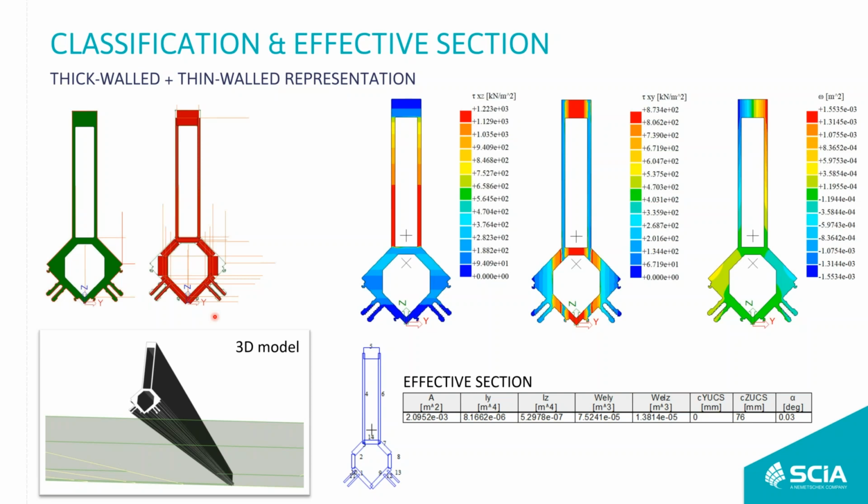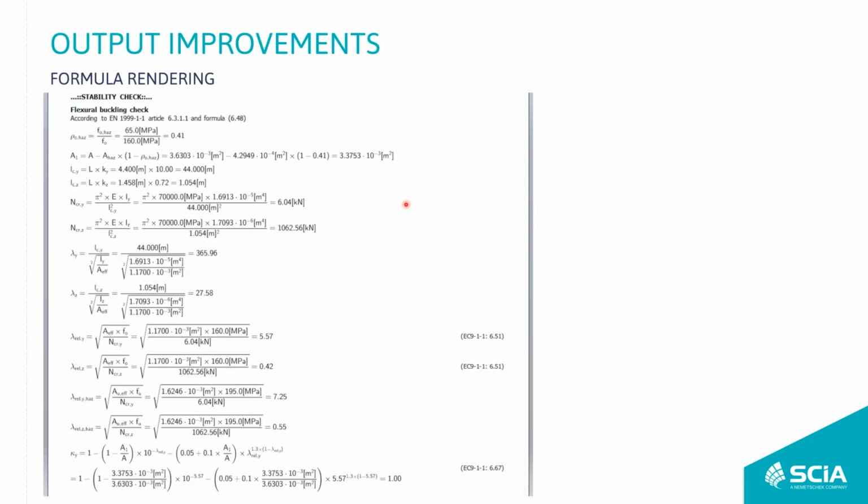So that's what we did on the input side related to the cross section, so that you can model such a complex shape of the aluminium cross section. We also implemented the addendum to all the aluminium checks, and we also had improvements in output, so that you can see all the formulas which are used in the background during the calculation of the check, as you are used to from the steel check.